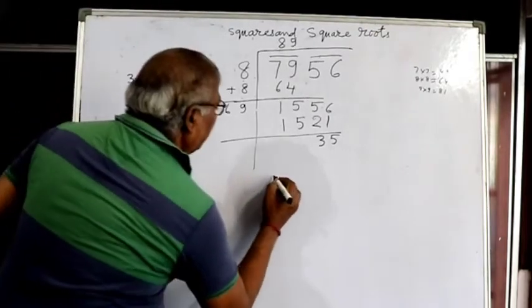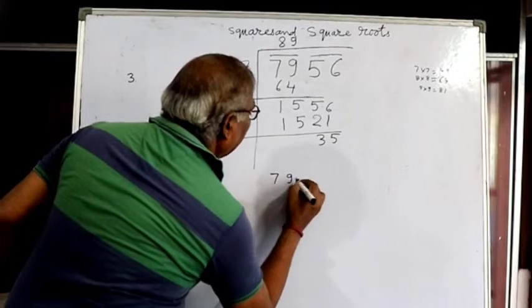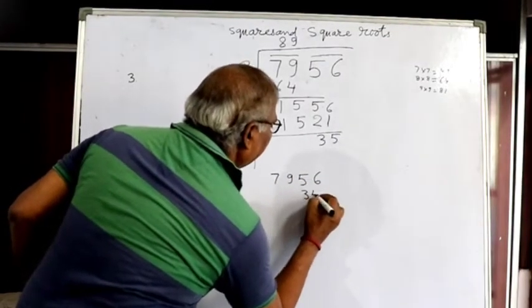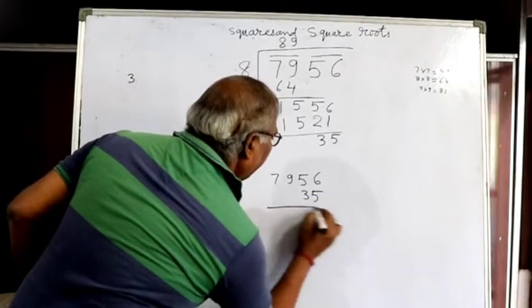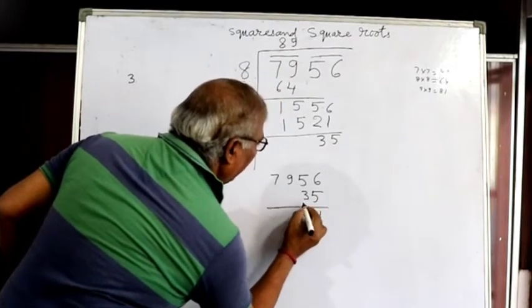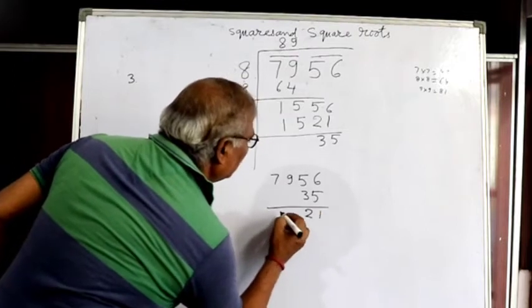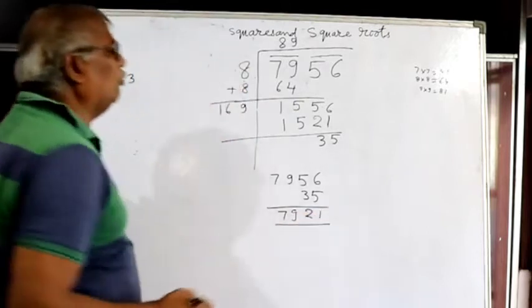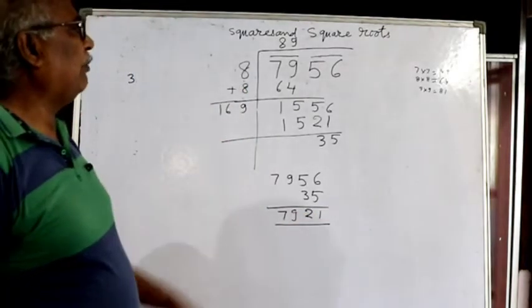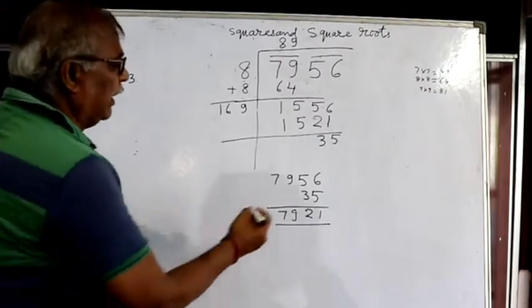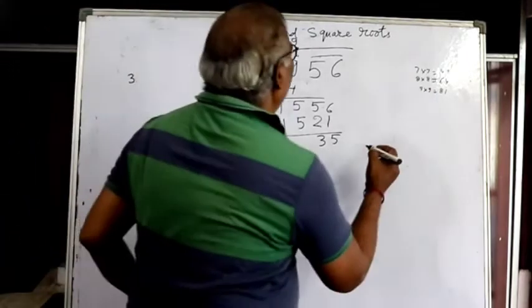Now 7956 minus 35, we get 6 minus 5 is equal to 1, 5 minus 3 is equal to 2 and 7 9. 7921 is the perfect square number.